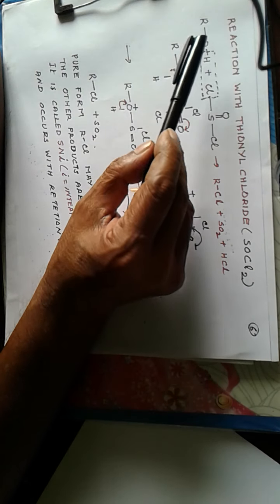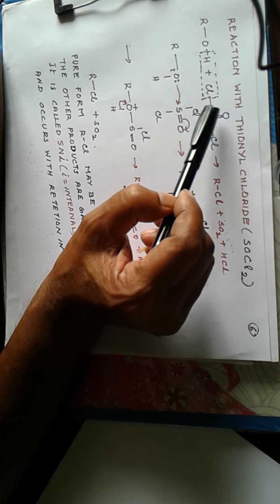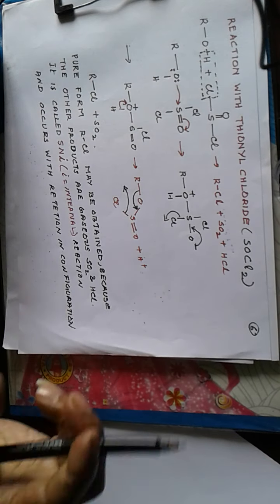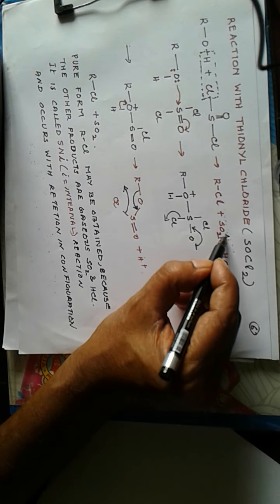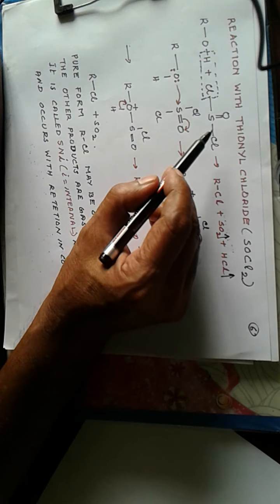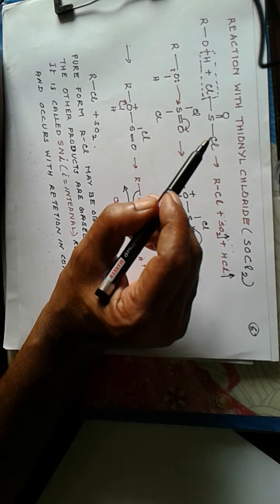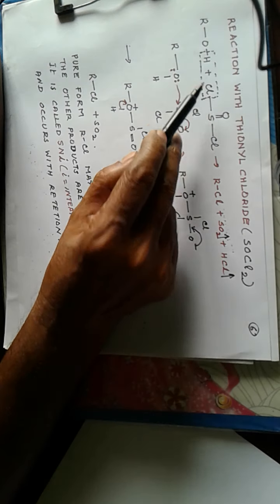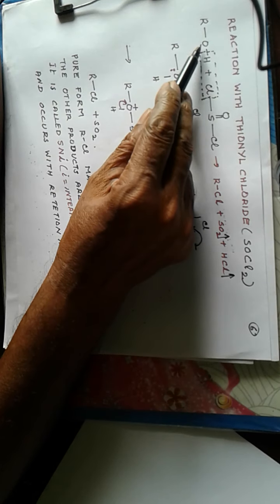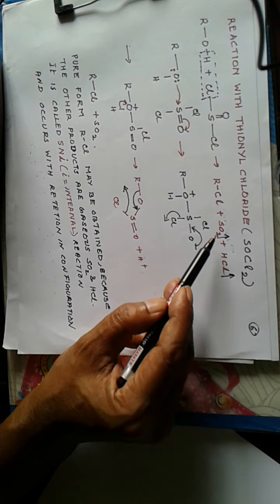Then the remaining oxygen here combines with SO to produce SO2, that's a gas. A gas is shown by an upward arrow. HCl is another gas. So HCl here is a gas, and SO2 formed by this oxygen and SO group here is another gas.